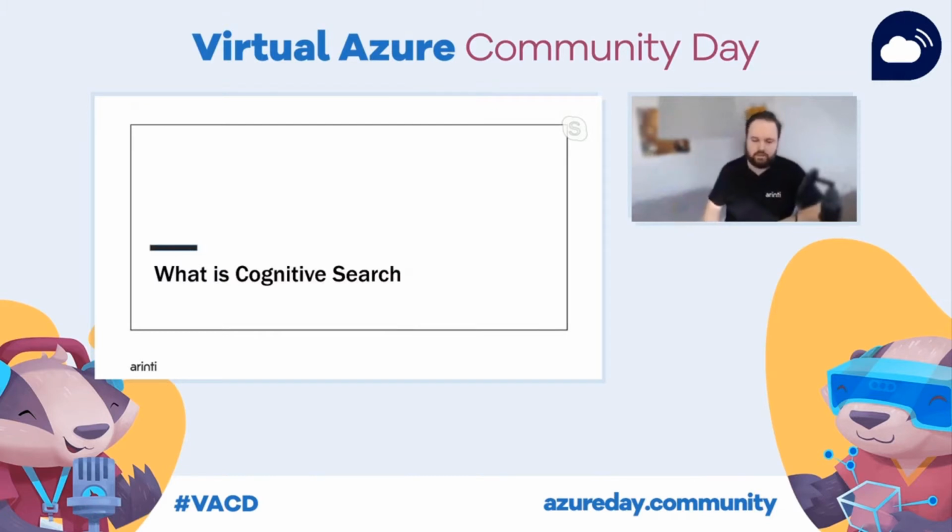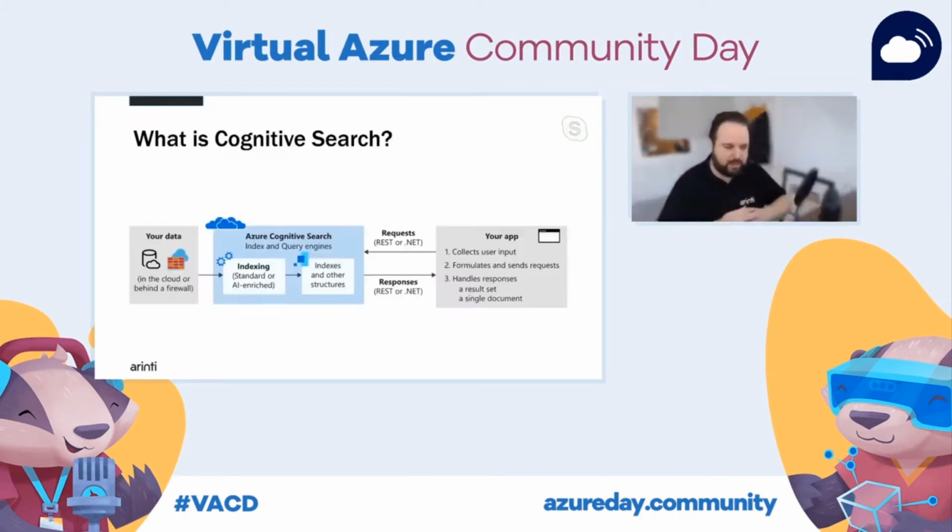So what is cognitive search? Well, actually, it's a SaaS product. And funny enough, it's not software as a service, but search as a service. Although it's also a software as a service solution. The idea is to add a rich search experience to your own application over your own content.